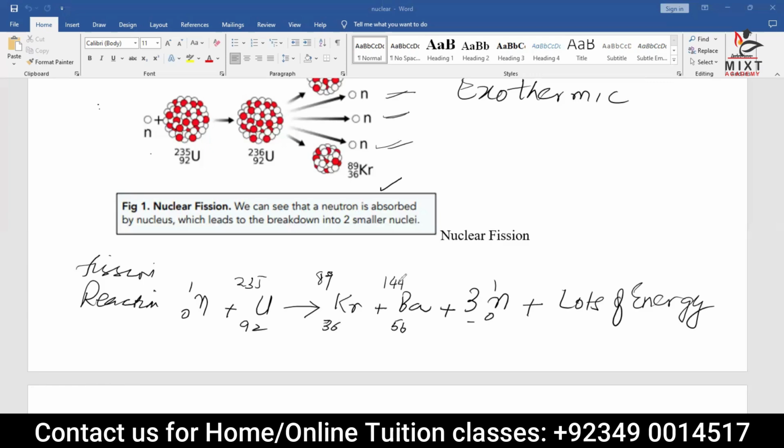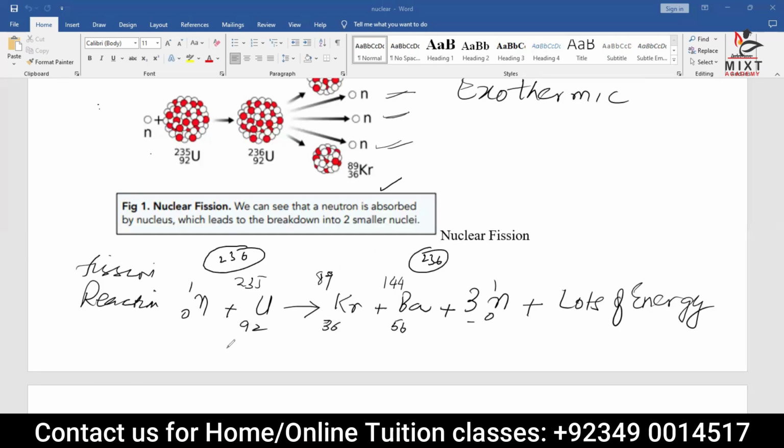It's 233. Sorry, it's 233, plus you got three neutrons. So 233 plus 3 gives you 236 on the right hand side and 236 on the left hand side. So both are right.